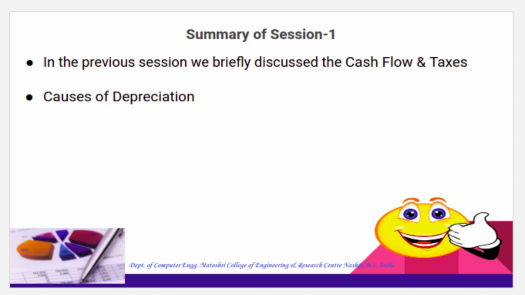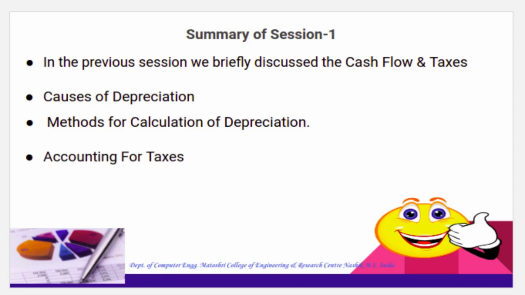First is internal depreciation and second is external depreciation. We have also described three important methods, such as the straight line method, reducing balance method, and sinking fund method, for the calculation of depreciation cost of the asset. After that, we reviewed the term accounting for taxes, in which we discussed direct and indirect taxes. This is the summary of our previous session.